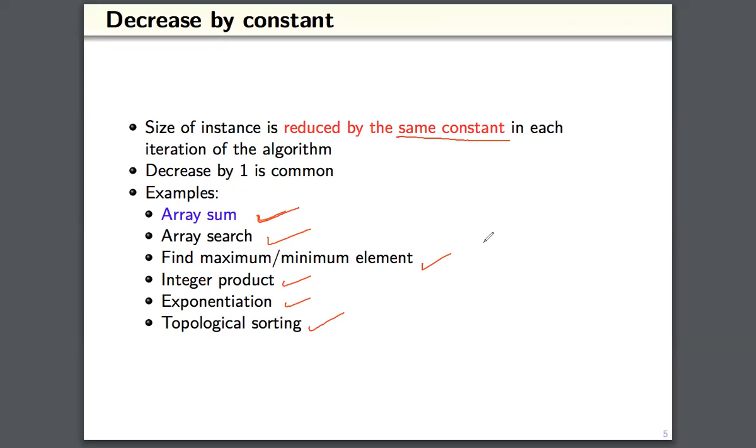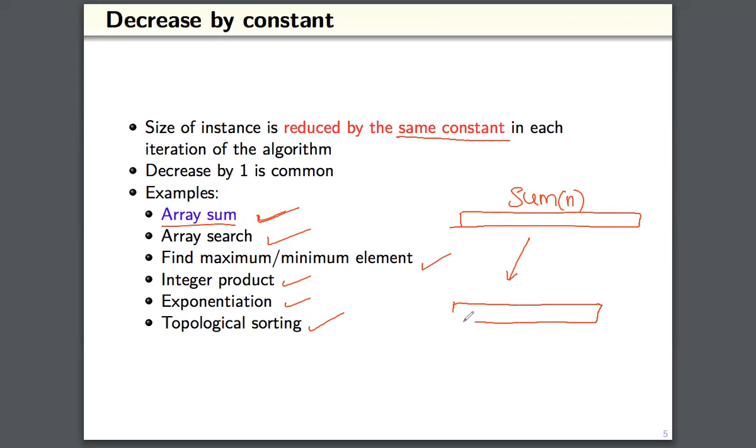So here, let's take, say, array sum. You want to find the sum of all these n elements, right? What you do is you recursively call sum of n minus 1 elements and add it to the last element. That will give you sum of n, right? See here, the problem size decreased by 1.